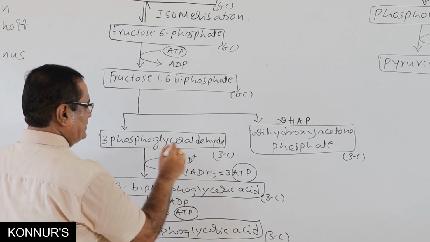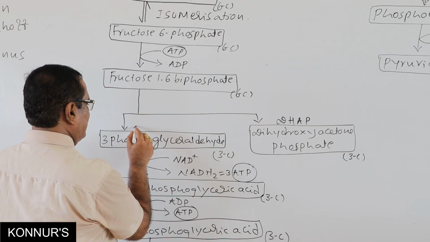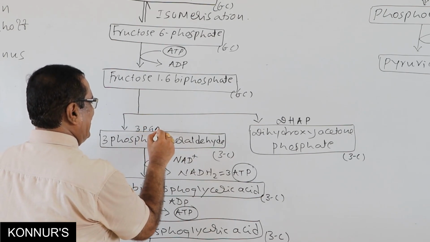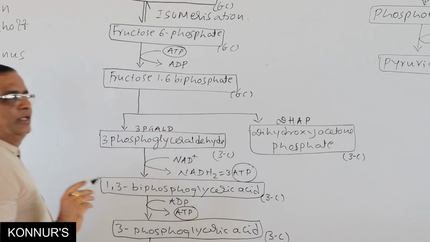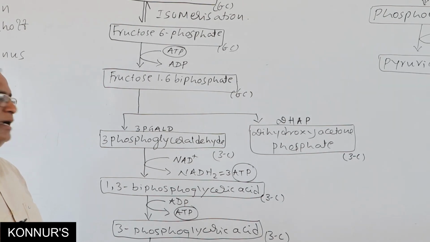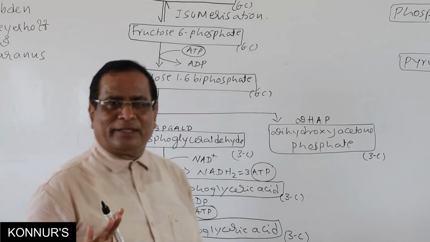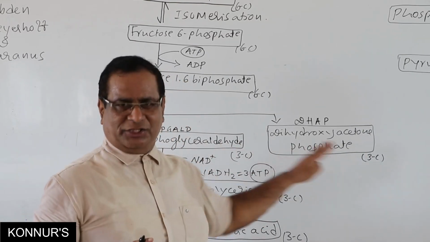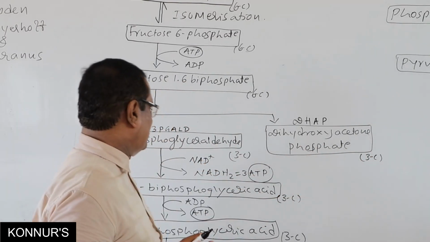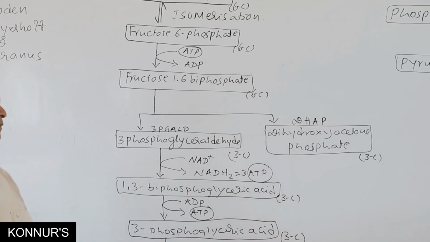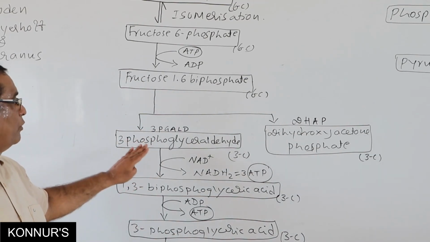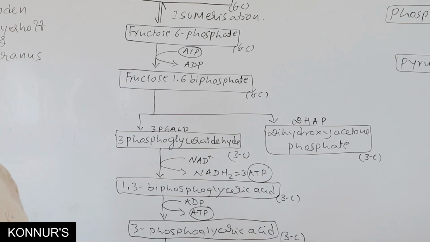This 3-phosphoglyceraldehyde is named as PGAL. These two are isomers. They can interchange as well. And then, for further steps, one more thing you have noticed.